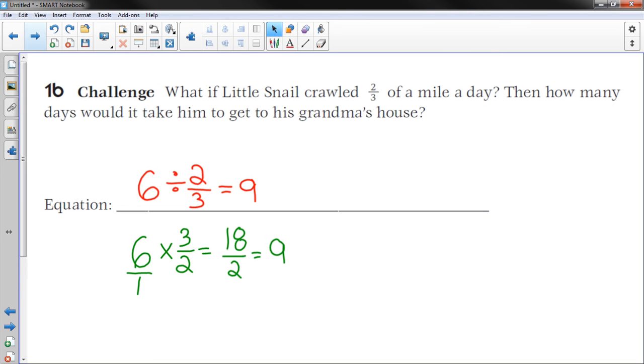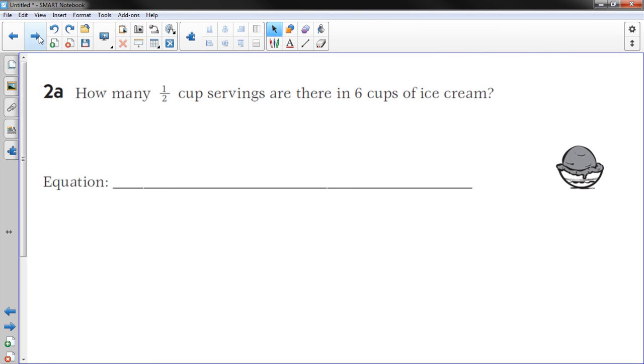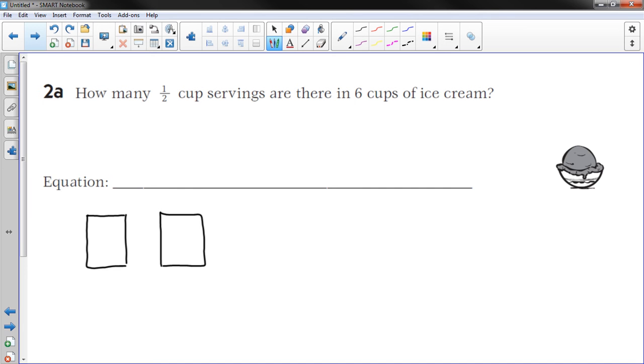2 more. How many half cup servings are there in 6 cups of ice cream? Okay, well, this one actually to me is easier. I'm going to draw 6 things, 6 cups.